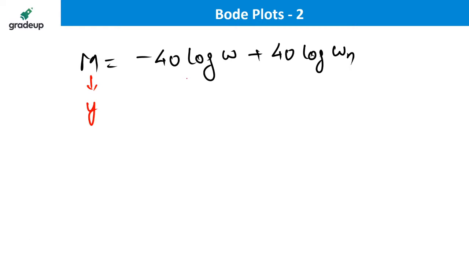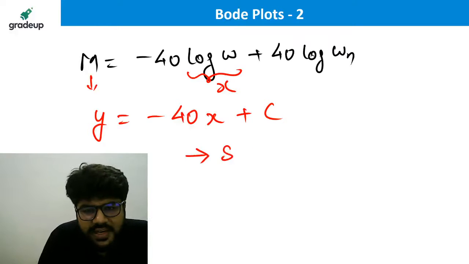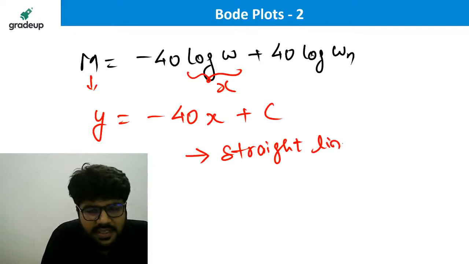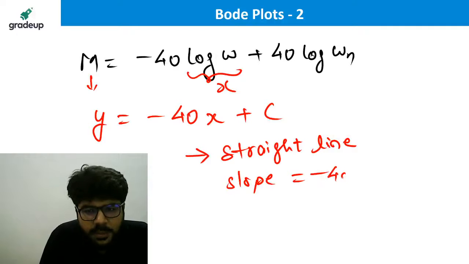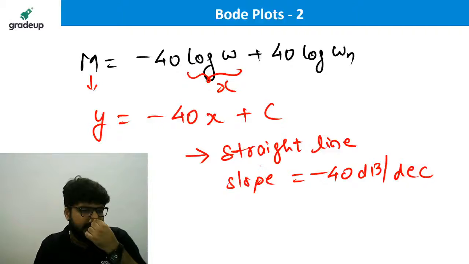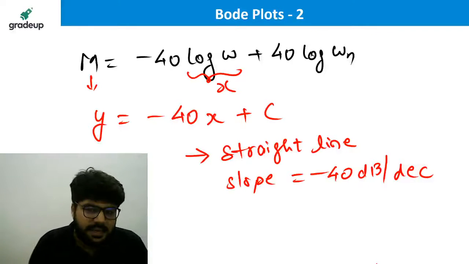Now this is y, and we know log omega is the x axis, so y is minus 40x plus some constant. So once again, for high frequency also you get a straight line with a slope equal to minus 40 decibel per decade.